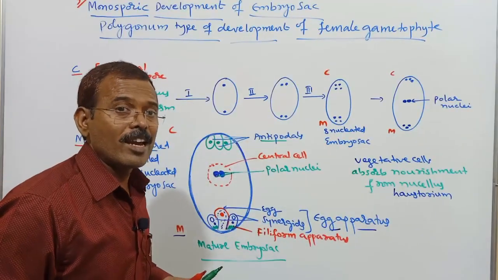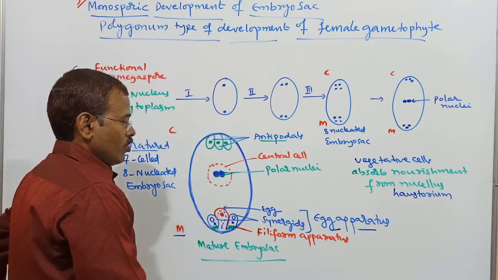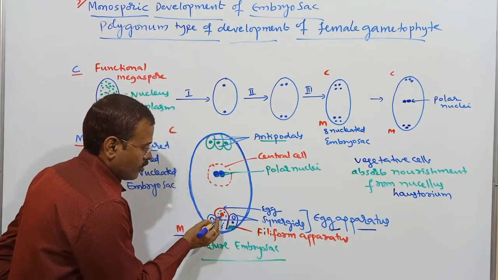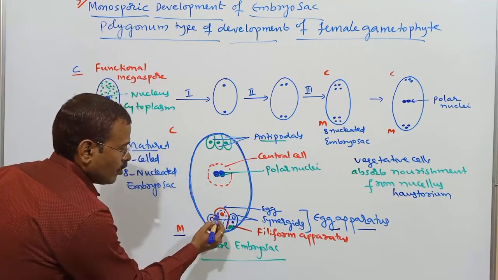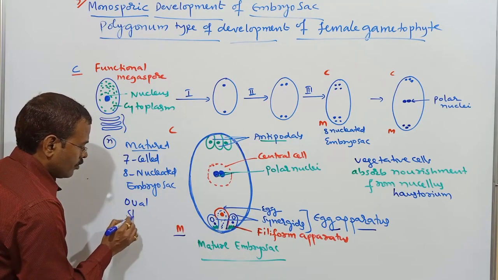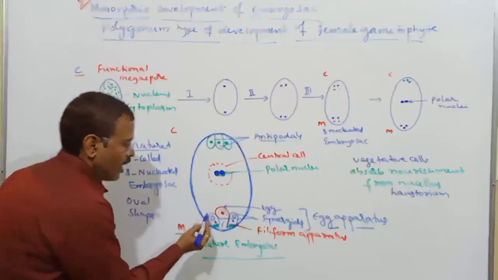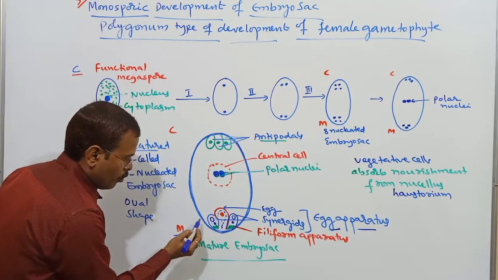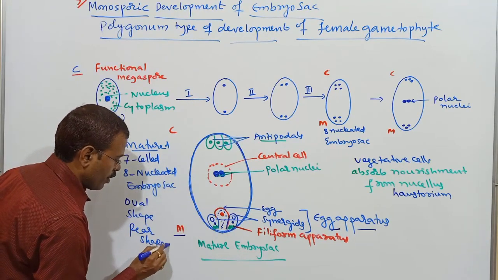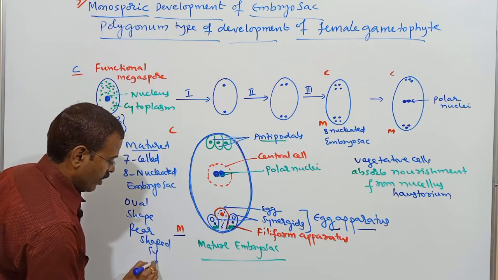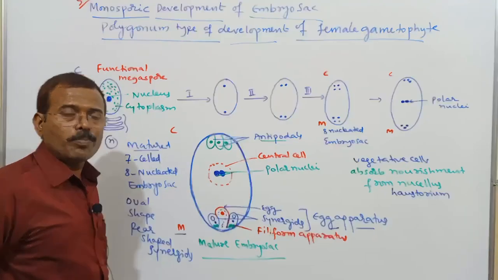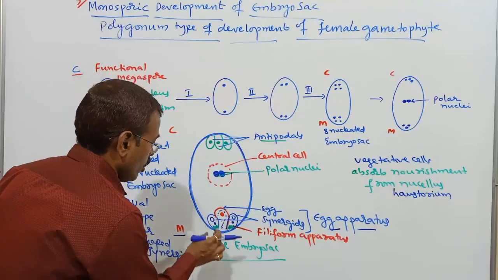This egg apparatus contains a single large, oval-shaped egg, and on its sides 2 pear-shaped synergids will be present.